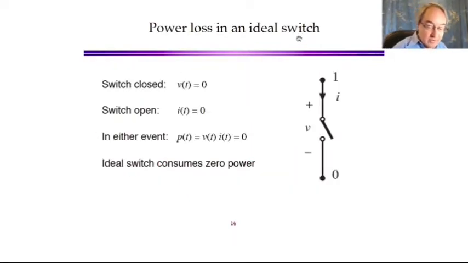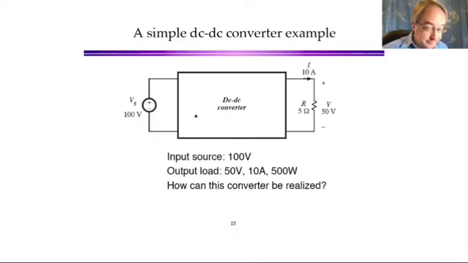The reason for that is if we can get them to operate close to the behavior of an ideal switch, then when the switch is closed, there's no voltage across the switch, and when the switch is open, there's no current through the switch. And in either state, the power consumed by the switch, which is the product of voltage and current, is zero. So to the extent that we can make a semiconductor device operate as an ideal switch like this, the semiconductor device will be lossless.